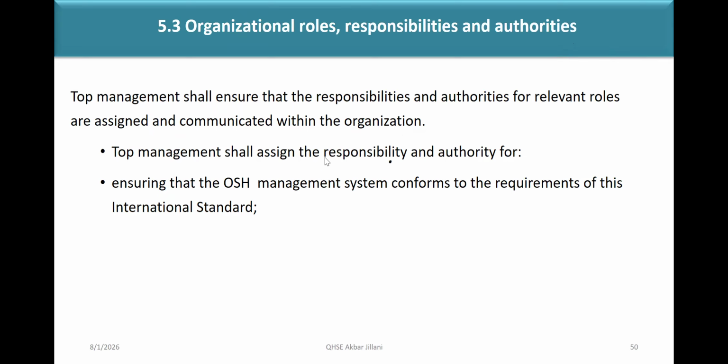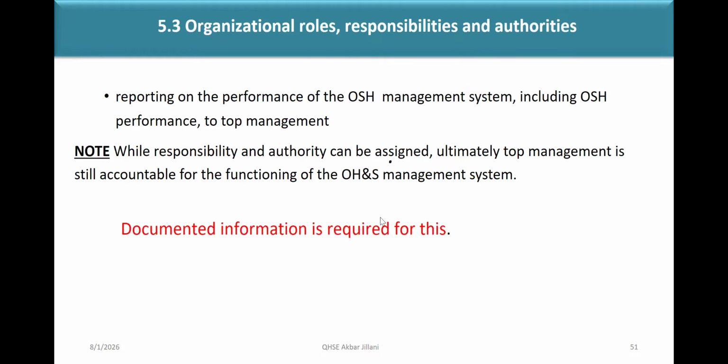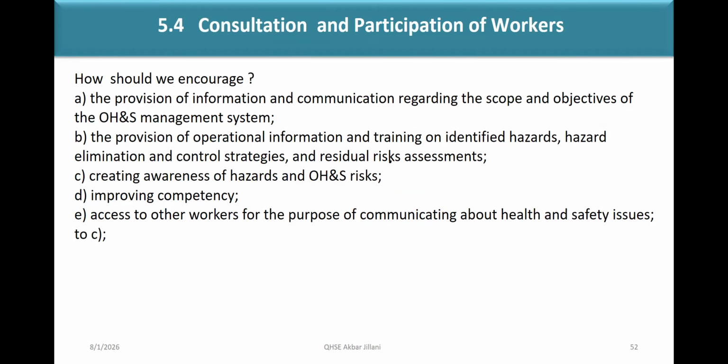Top management shall assign the responsibility and authority for ensuring that the OHS management system conforms to the requirements of this international standard, and for reporting on the performance of the OHS management system, including OHS performance, to top management. While responsibility and authority can be assigned, ultimately top management is still accountable for the function of the OHS management system.